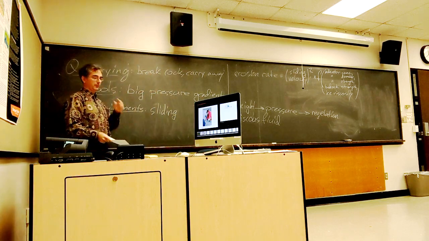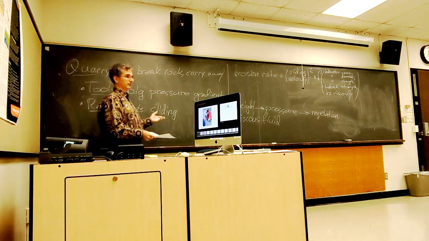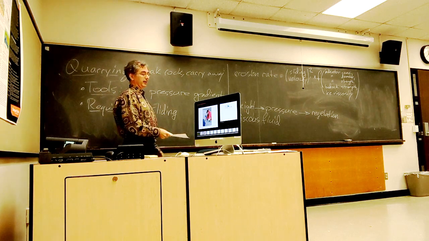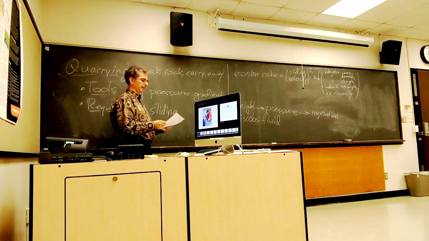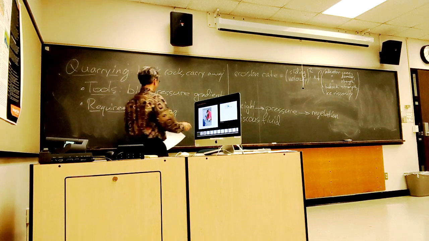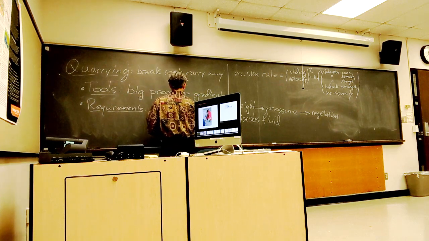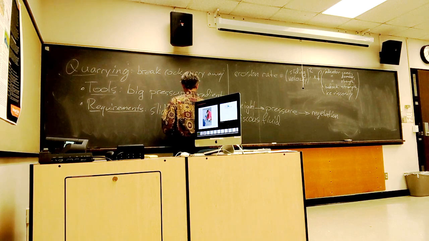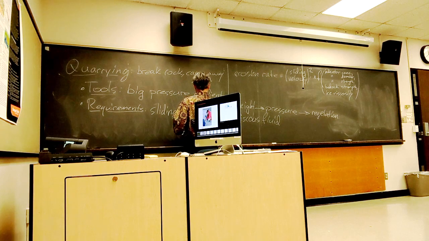So far, it seems that glaciers aren't necessarily going to do a lot of any bedrock erosion unless there's basal sliding. Well, we've got to have sliding that produces cavities, or specifically cavitation.